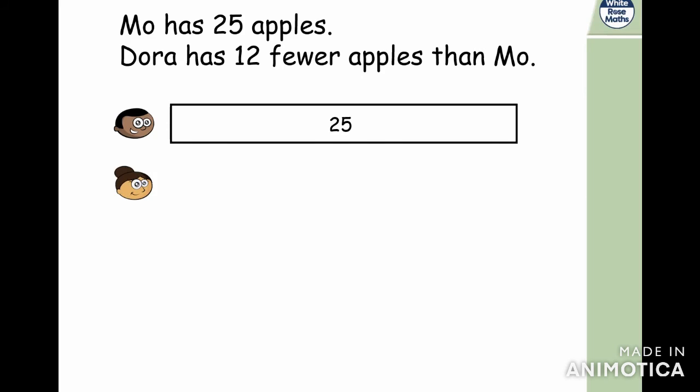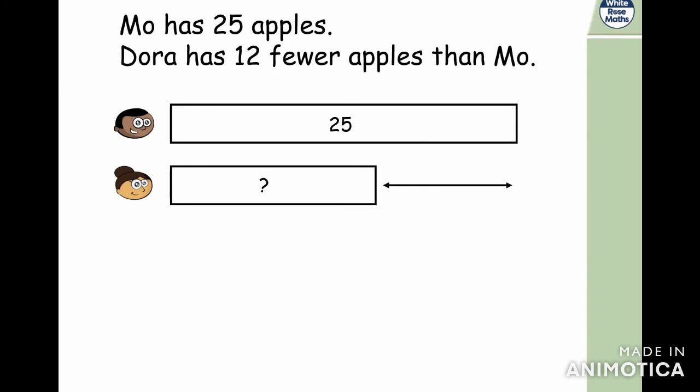Now Dora has 12 fewer apples than Mo, so her bar is going to be smaller than Mo's. I'm not sure how many apples Dora has at the moment, but I do know the gap showing the difference between Dora's and Mo's is 12, because Dora has 12 fewer apples than Mo.